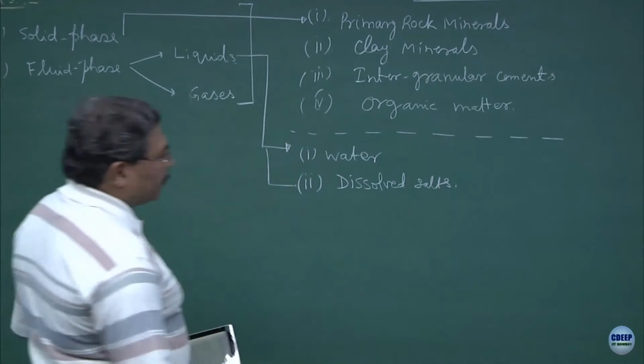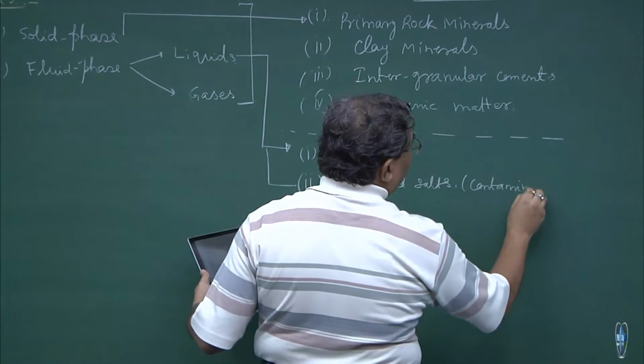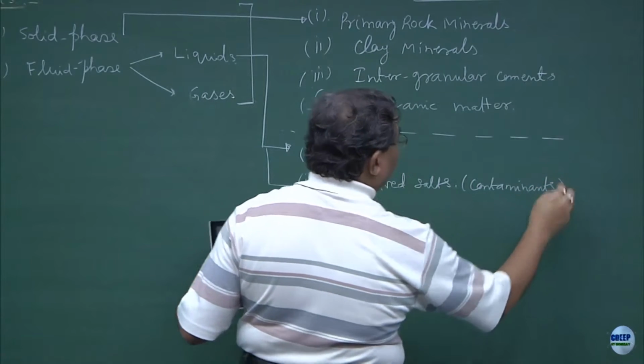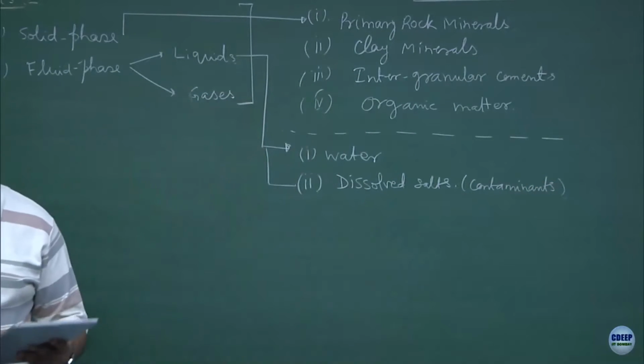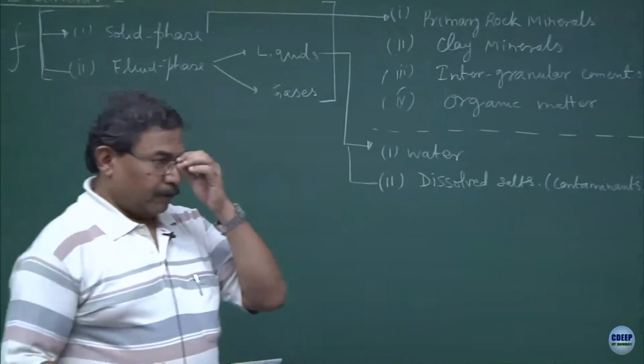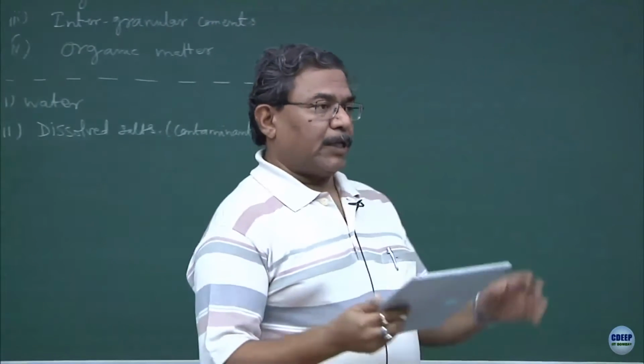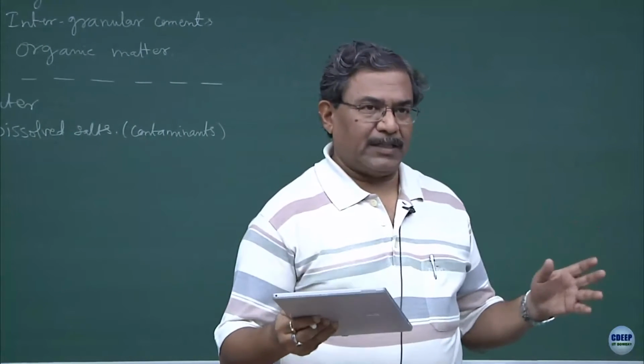Now, when I say dissolved salts, these are mostly contaminants. Whenever you get free time, please check it on net. There are a lot of researchers who are working in the field of contaminant transport in geomaterials, alright.